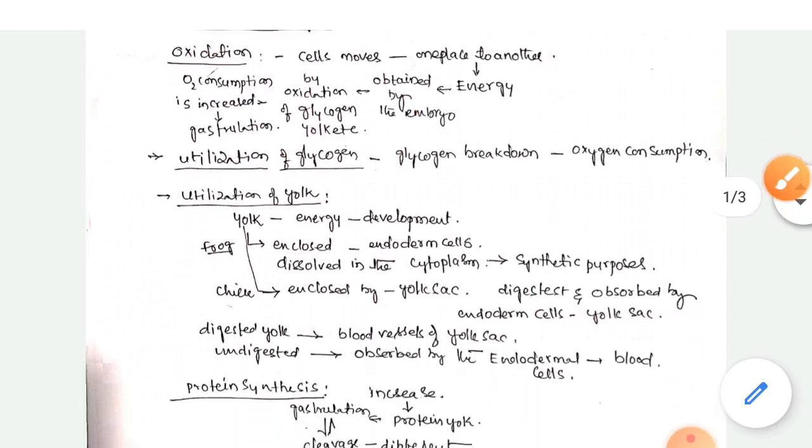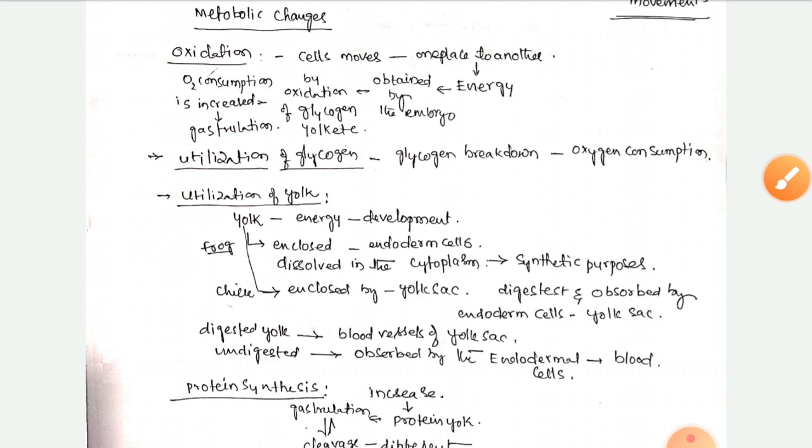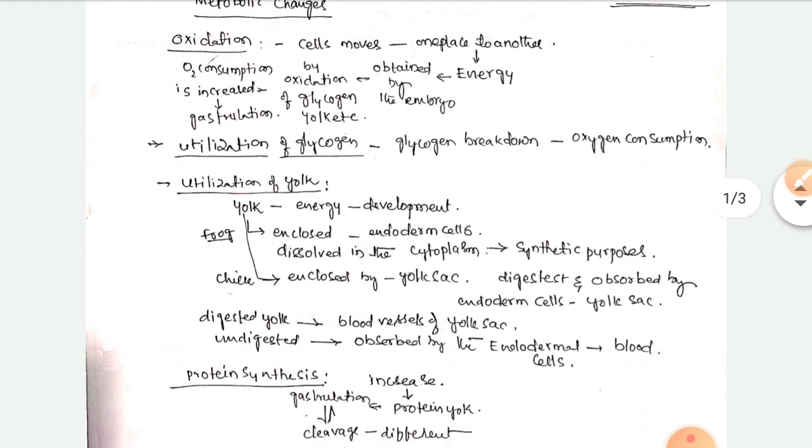The next one is utilization of glycogen. Glycogen is one of the suppliers of energy during the gastrulation process. The embryo obtains energy from the oxidation of glycogen. This glycogen breakdown is directly proportional to oxygen consumption.